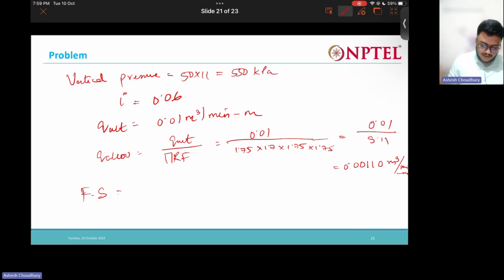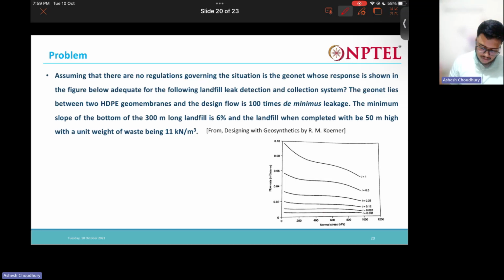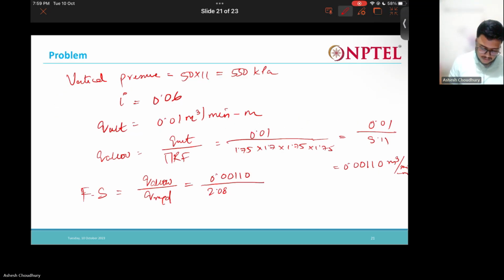Therefore, factor of safety is the required 2.08. How much will it be?